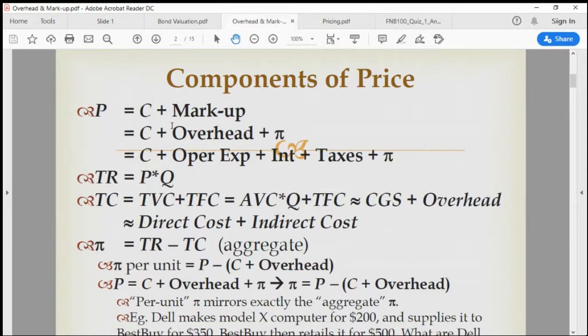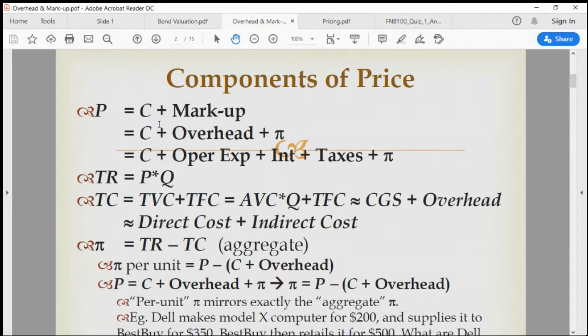But let's say, to make it simple, because the assumption we used in the last topic was that the per unit production cost is average variable cost, which is direct cost only. Average variable cost is total variable cost divided by quantity produced.